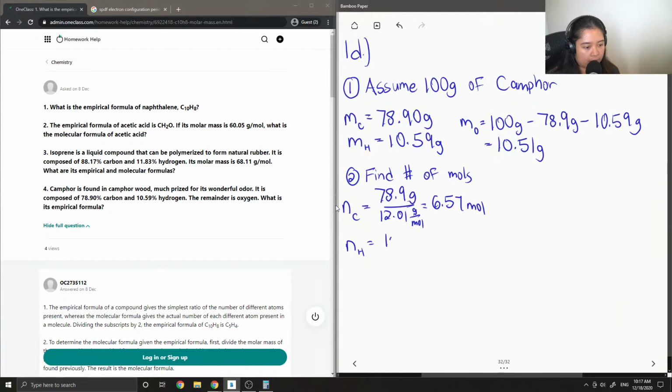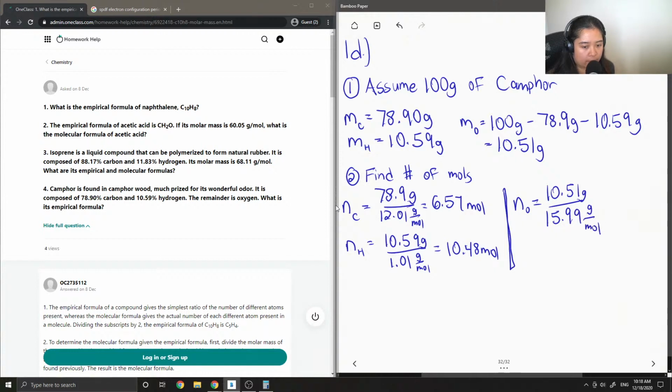For hydrogen, it's 10.59 divided by 1.01, and you end up getting 10.48. And then lastly for oxygen, 10.51 grams divided by the molar mass of oxygen, which is 15.99. So this will give us 0.65.